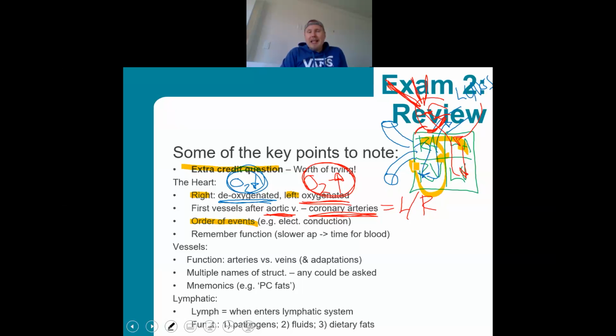Also, take the time to think, not just memorize. Why would we have certain things happening? We saw, for example, that in the heart we had slower action potential propagation than in the nervous system.